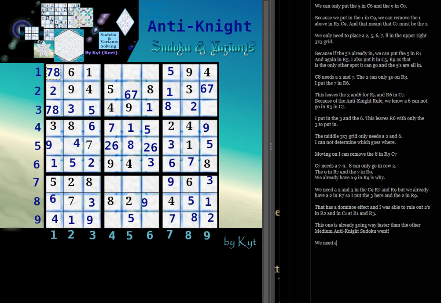We need a 2, 3, 6, and 7 for row 1 and row 2.